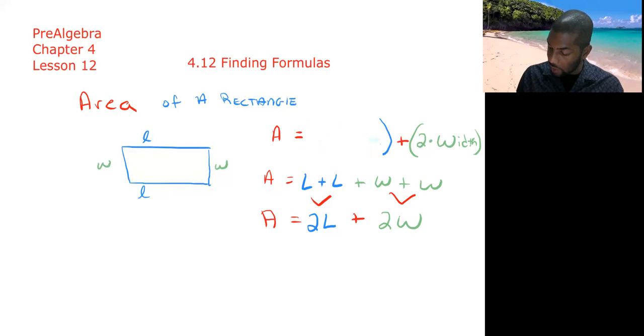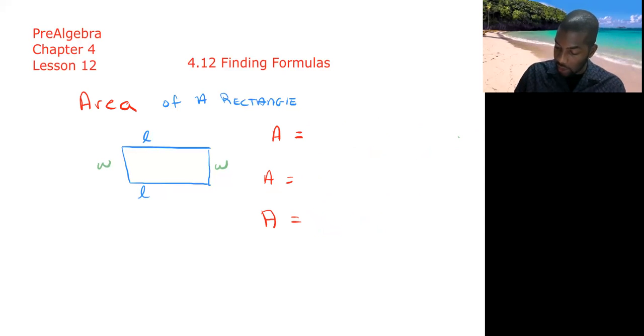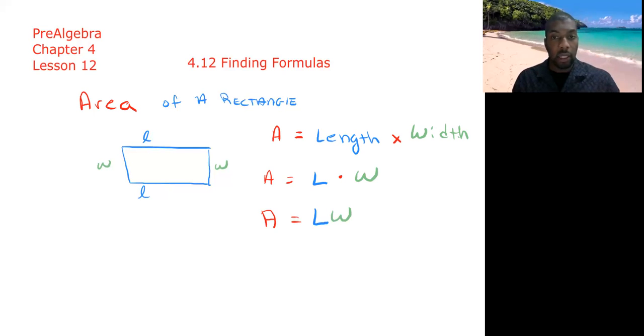And the area of a rectangle is simply the length, one length, multiplied by one width, or L times W, or LW. Because remember, when you have variables right next to each other, that still means multiplication, right?